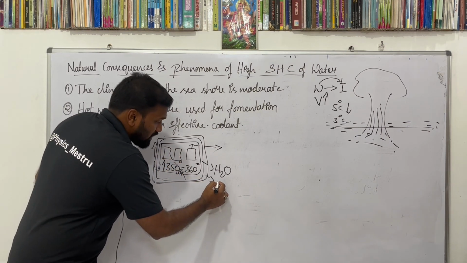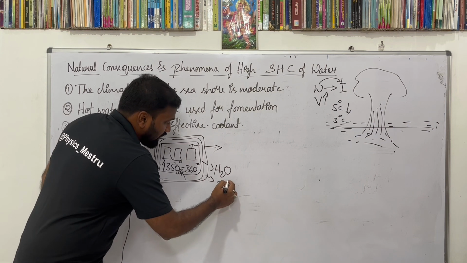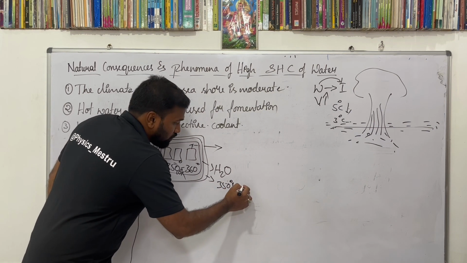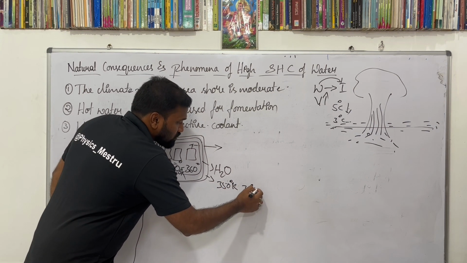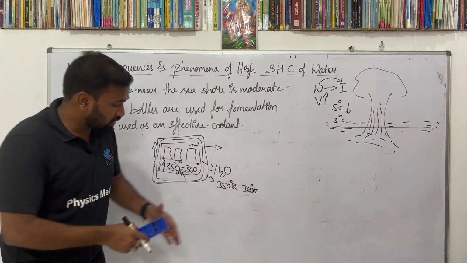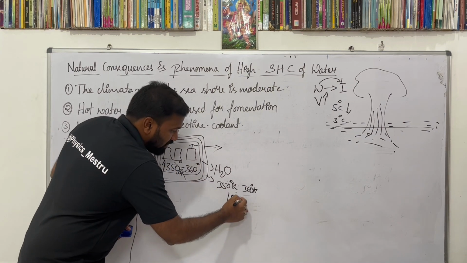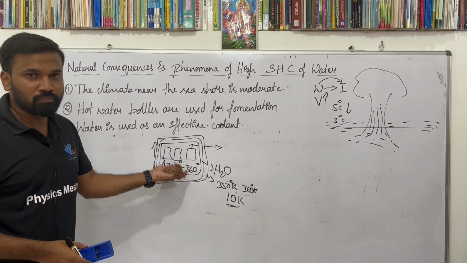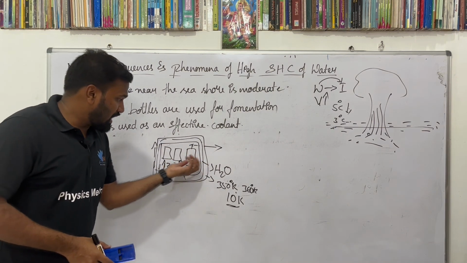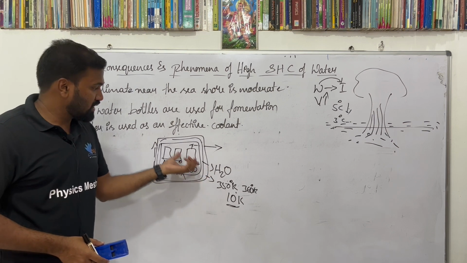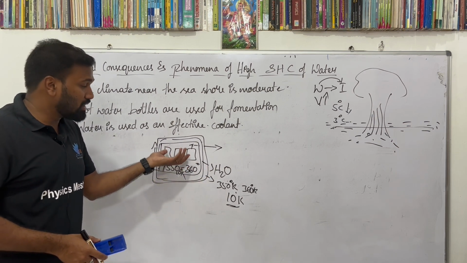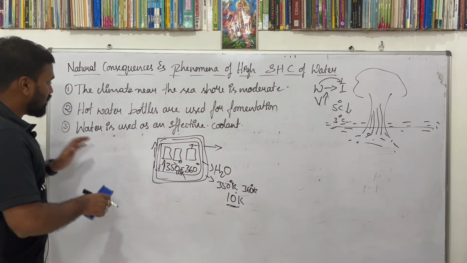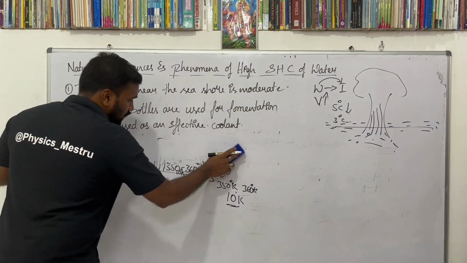But here, for water rising from 350 Kelvin to 360 Kelvin, the amount of heat energy required to raise 10 Kelvin will be much greater than for this material. So it will absorb more heat energy from this engine so that it will keep the engine safe. Hence, water is utilized as an effective coolant.